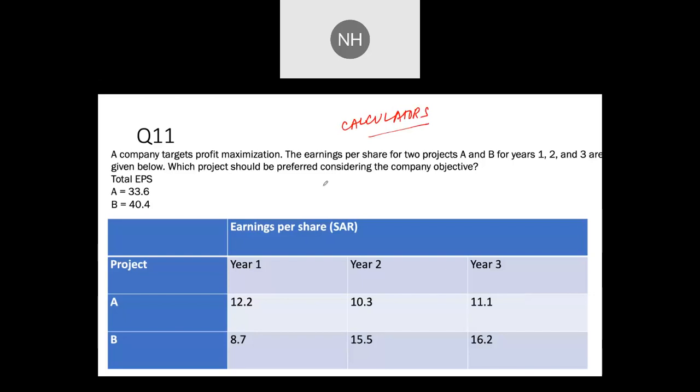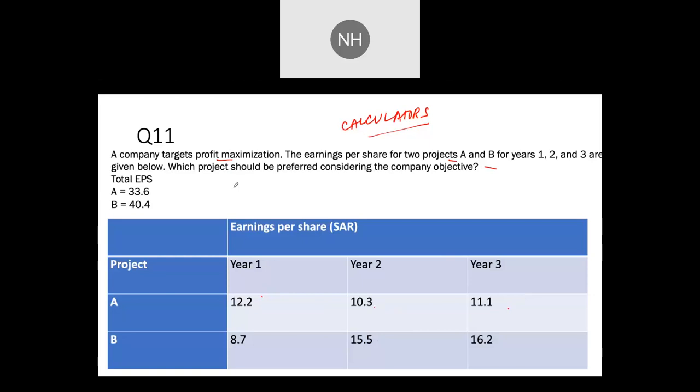Now, this is the first question from the first chapter, the chapter on introduction. You see the objective of a company is profit maximization, and the earnings per share for the 2 projects are 12.2, 10.3, and 11.1 in the 3 years for A, and 8.7, 15.5, and 16.2 for B. This is the only type of question from the first chapter.